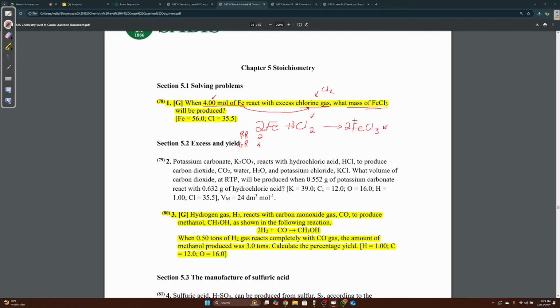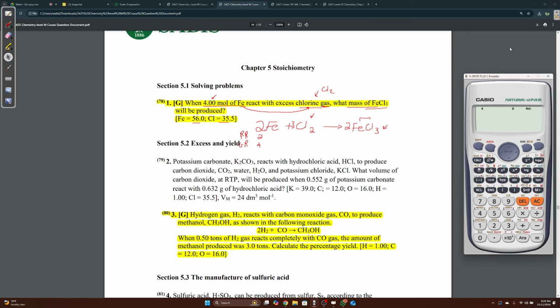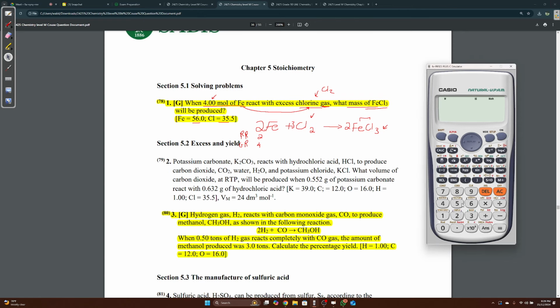How do you find the mass of FeCl3? In RR, how much is FeCl3? You just find the molar mass of it. Fe is 56, Cl is 35.5. I'm pretty sure you're all familiar with how to find the molar mass of anything. Fe 56 plus 3 times Cl, so times 35.5. You get 162.5.